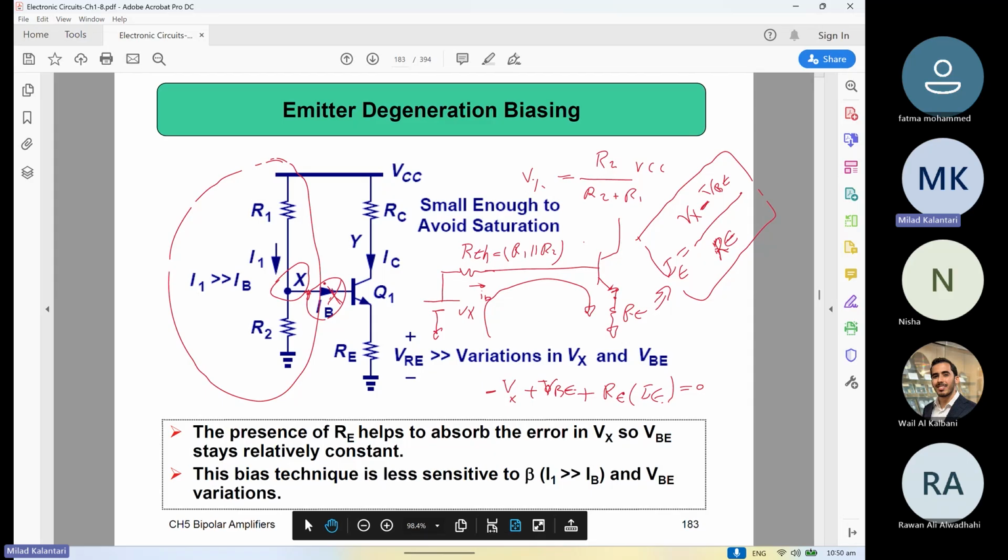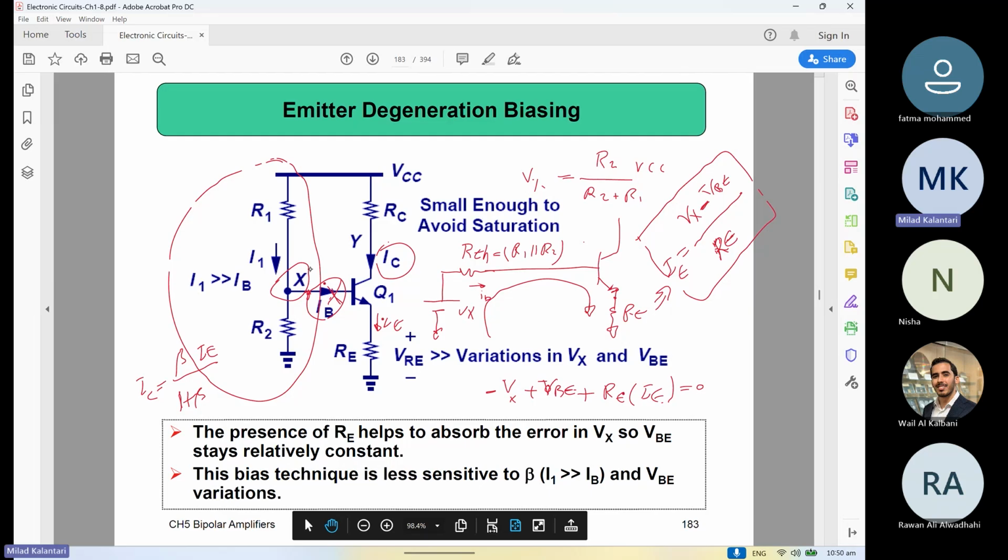How about the IC? We actually want the IC, right? From here you can see that the emitter current is the sum of the IC and IB, right? They are combining into the emitter. We know that the IB is not too big, so you can roughly tell that the IC is pretty much similar to IE. But if you want to be accurate, IC is beta over 1 plus beta times IE, right?